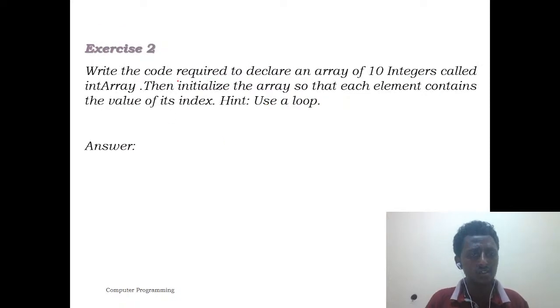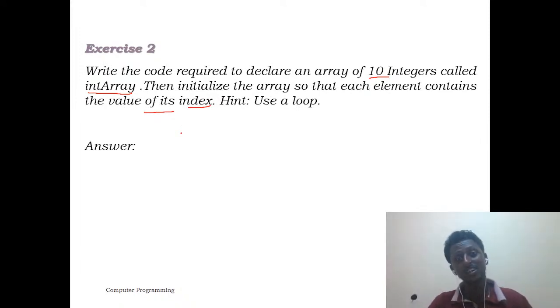Good. Write the code required to declare an array of 10 integers called inArray, the name of the array. Then initialize the array so that each element contains the value of its index. The array's index and the value of the element at that index are the same. So we use a loop statement, as a hint.